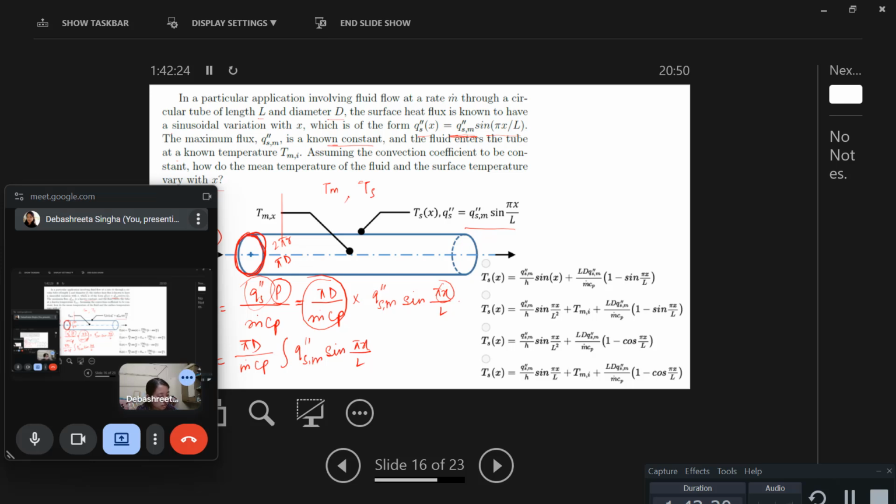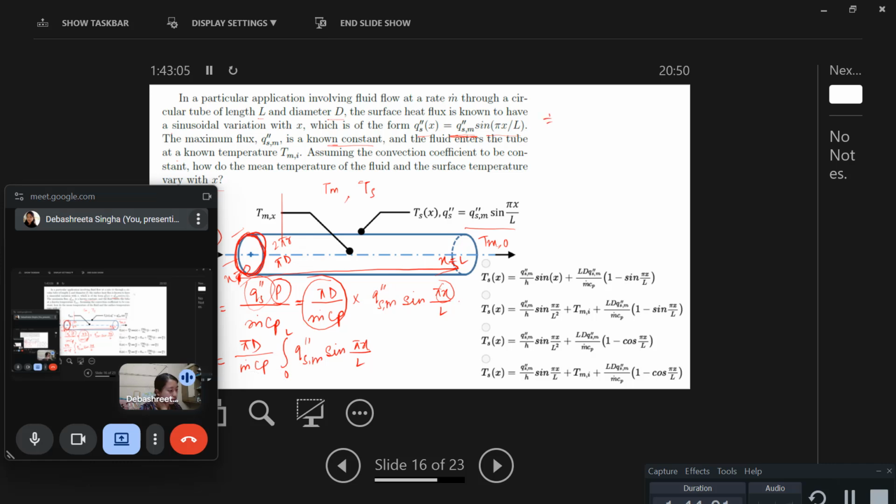When x is 0, T is the entrance value, that is Tmi. Here x is equal to 0, and here x is equal to L. When x is equal to L, T is equal to Tm naught. So if x varies from 0 to L, Tm will vary from Tmi to Tm naught.